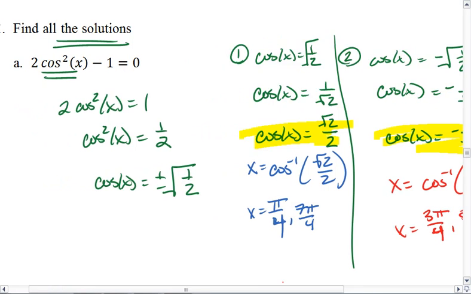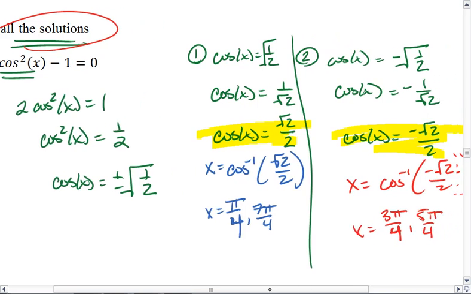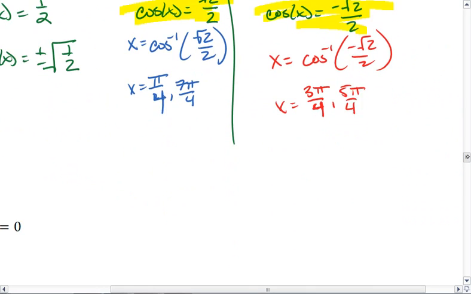Recall though, we want to find all the solutions, not just the solutions from 0 to 2 pi.